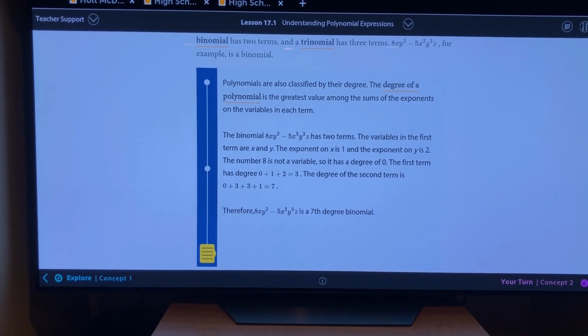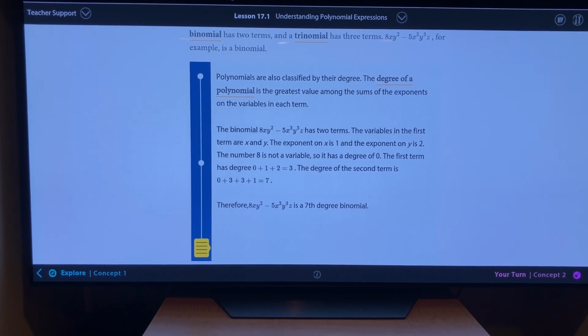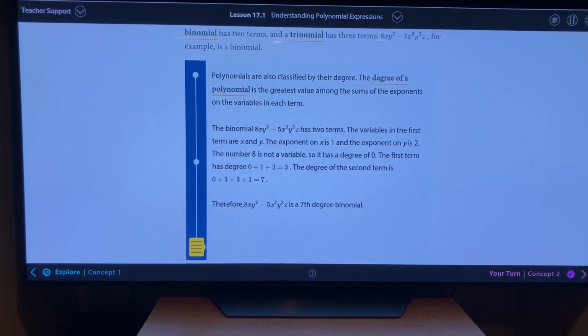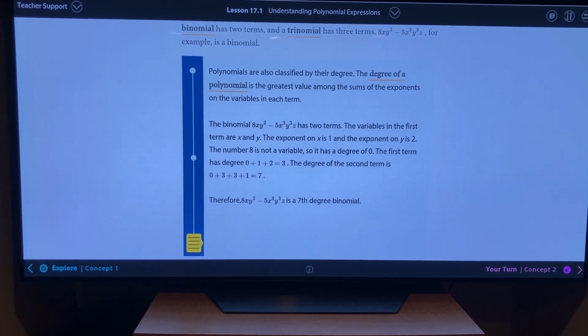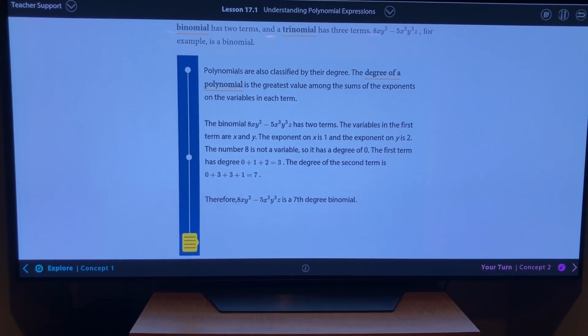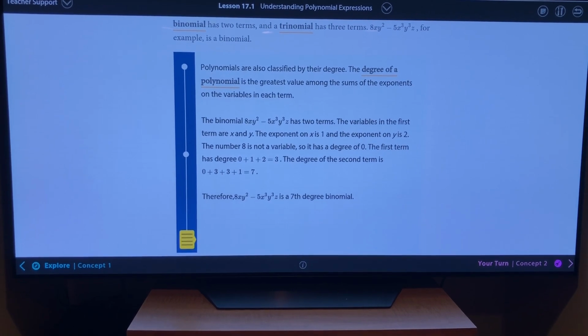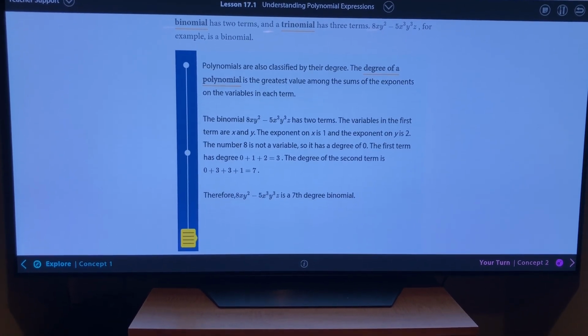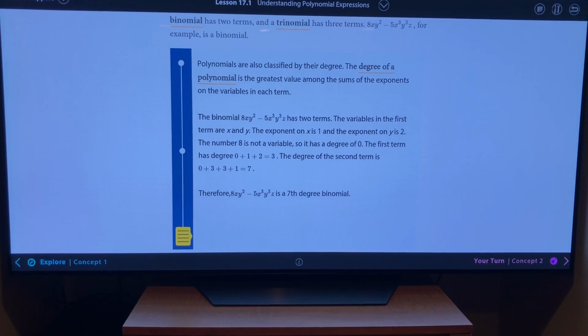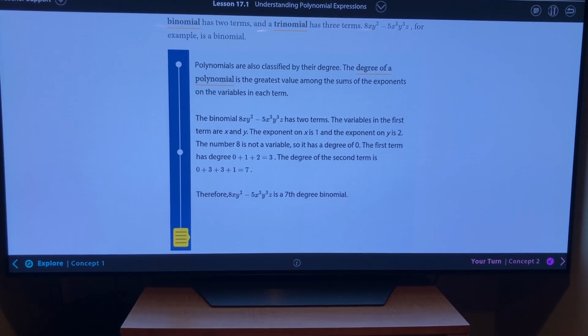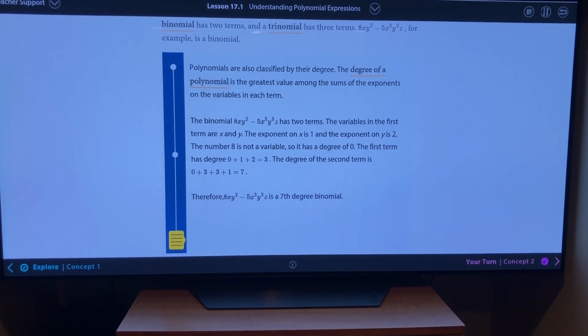The variables in the first term are x and y, and the exponent on x is a 1, the exponent on y is a 2. The number 8 is not a variable, so it has a degree of 0. So 0 plus 1 plus 2 equals 3.